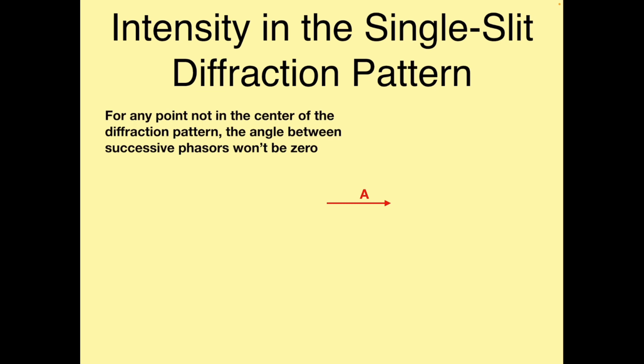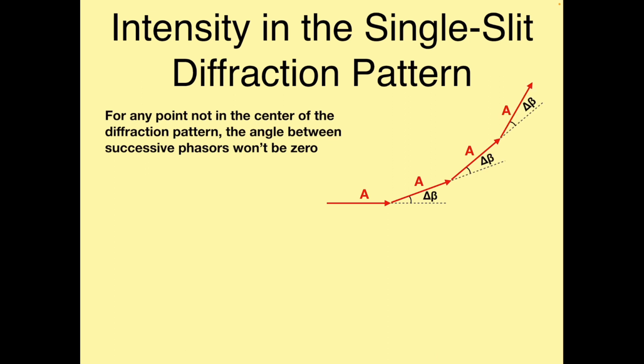We draw the first phasor. It's an arrow with length A. Now the next one is not necessarily going to be pointing in the same direction, so we'll show that there's an angle between them, and that angle is delta beta, the phase difference between the two different waves. And then when we draw the next phasor, again, there's an angle between that and the previous one, which is delta beta.